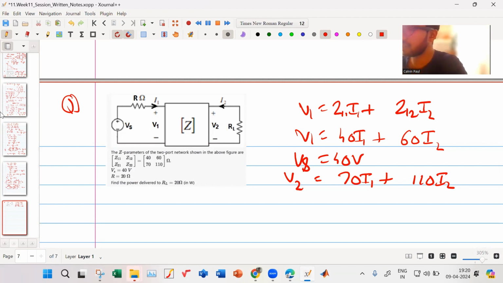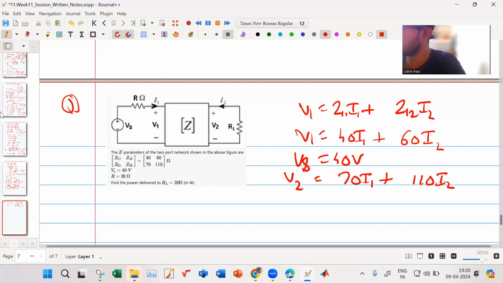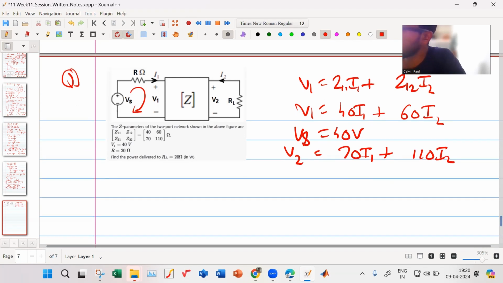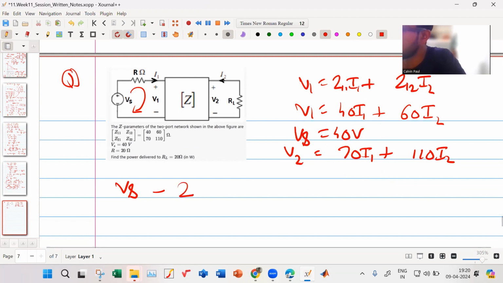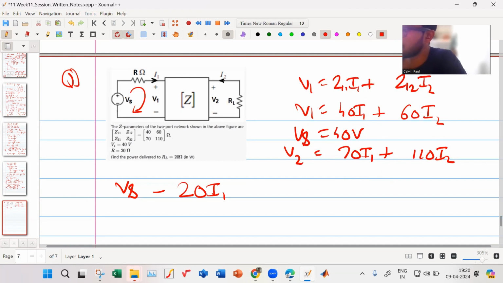Can't we find V1 first? How will you find it? We don't know I1 also. So I apply KVL over here. I get Vs minus 20 I1 minus V1 is equal to 0.